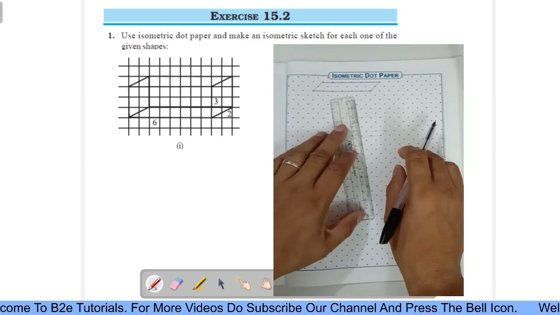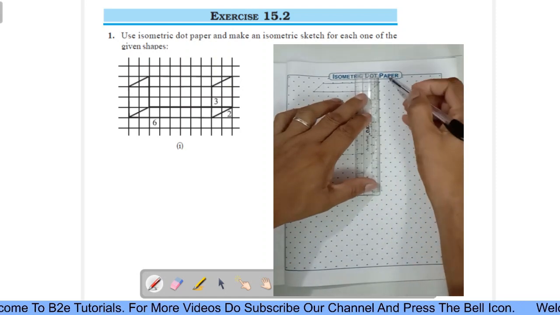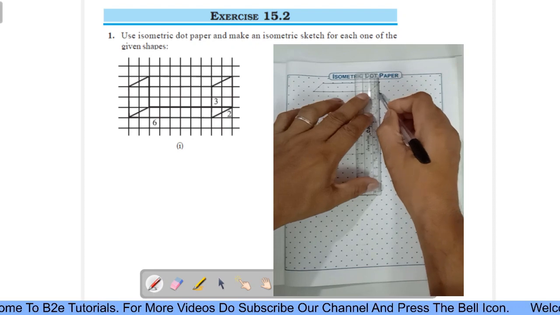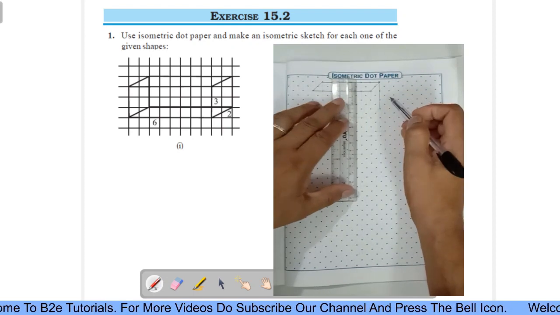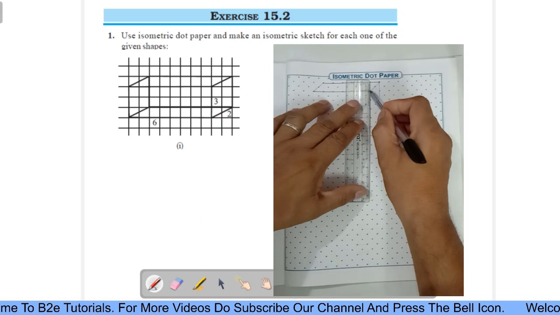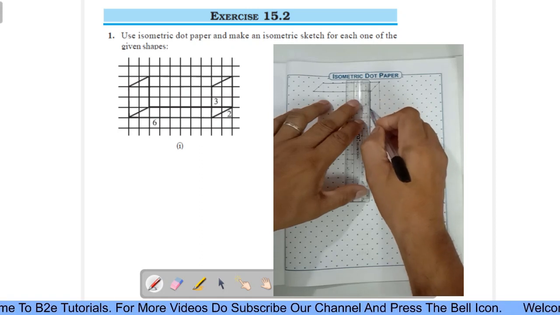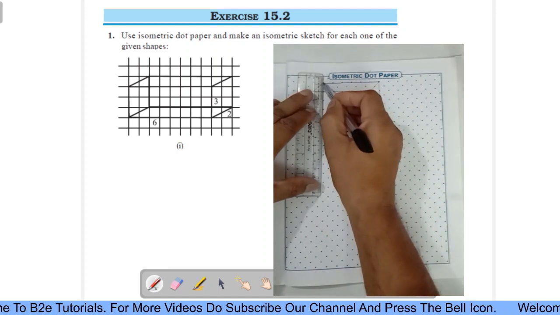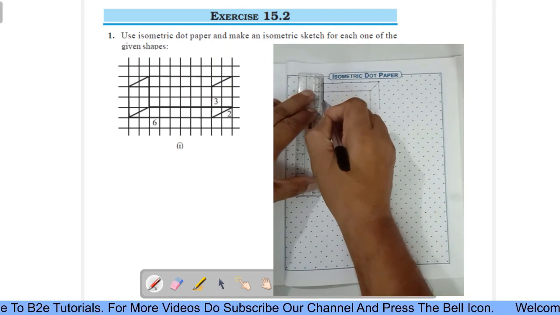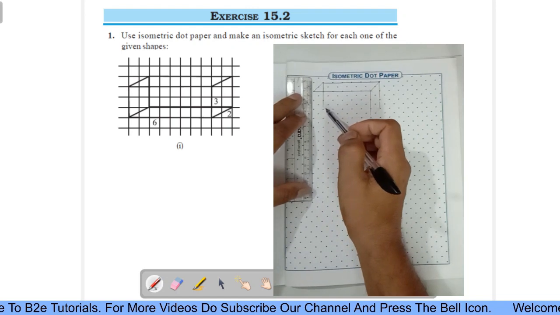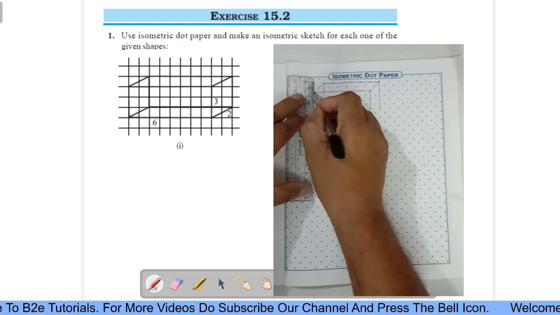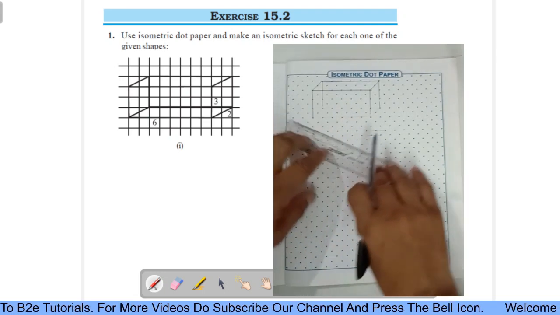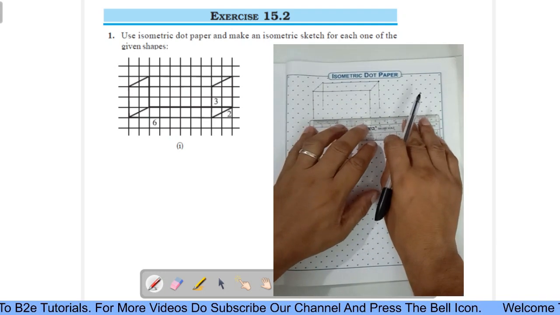Now the height is 3 centimeter. Here take 3 dots, that is 1, 2, 3. Here again 3 dots, that is 1, 2 and 3. Again here also 3 dots, and here also 3 dots. Now join this.